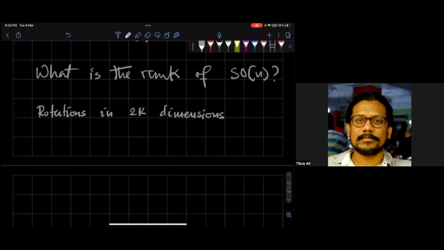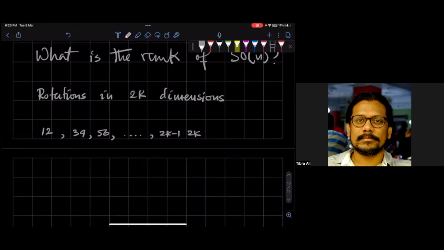So if we are in 2k, and I rotate in 1,2, and 3,4, and 5,6, ... 2k minus 1 and 2k, then these are independent rotations, so those rotations will all commute.